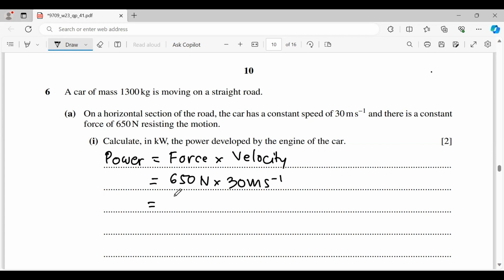Calculate. It is 19,500 watts, or convert to kilowatts, divided by 1,000, 19.5 kilowatts.